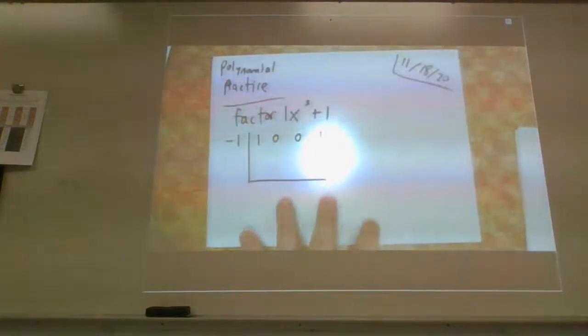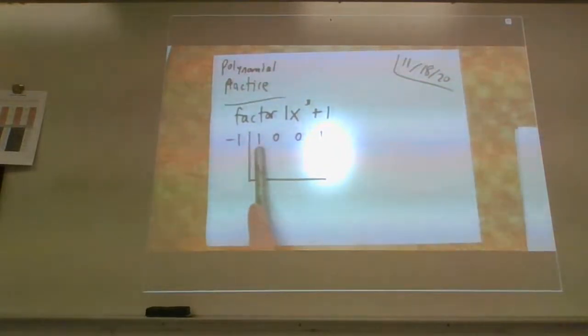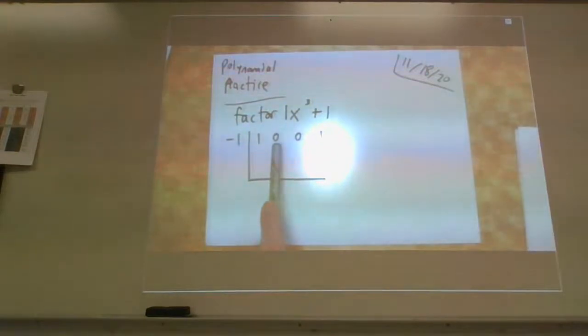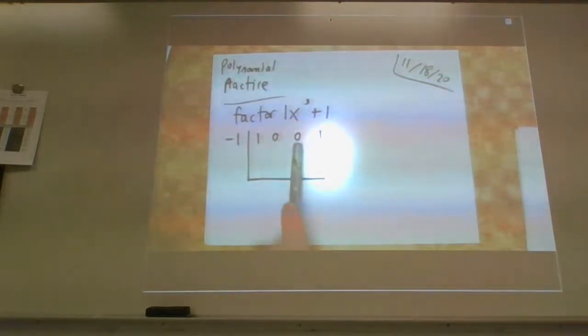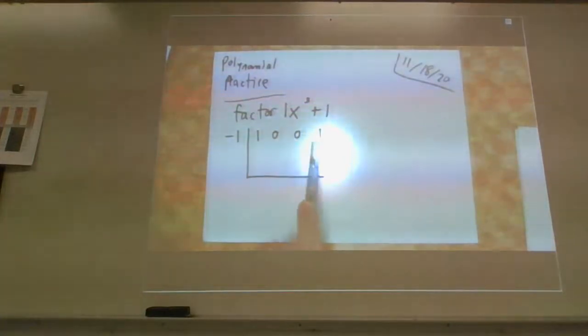If you don't, then things are sure to mess up. I'm pointing at it right now, this was my 1x cubed. The 0 is in the place of the x squared because there is no x squared in the equation. The 0 is there in the place of the x because there is no x in my equation. And plus 1 representing the constant.